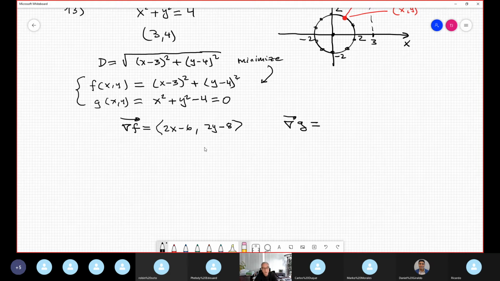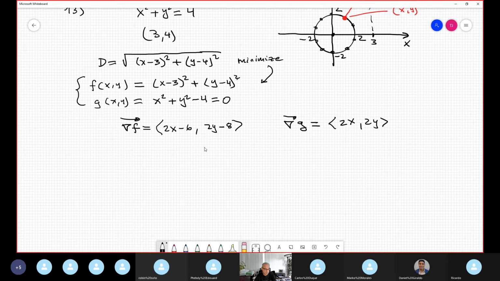Done. I compute the gradient for the objective. The gradient of the constraint is easy, it is (2x, 2y), similar to the other problem that I did before.